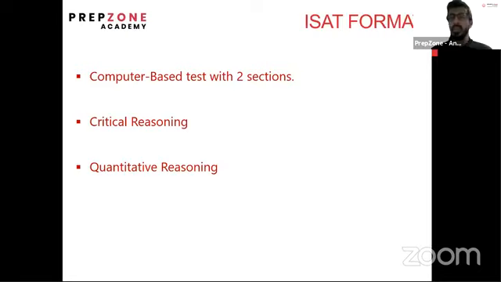There is no science involvement in it. You must have learned science in your A-levels, IB, or poly, but nothing is tested based on that. It's critical reasoning and quantitative reasoning. Let's look at some examples of quantitative reasoning first, and then I'll be explaining critical reasoning, and then after that, UCAT ANC.